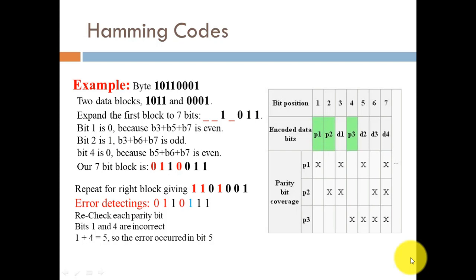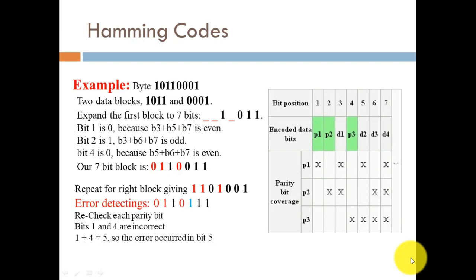So we have to convert our 4 data bit sequence into a 7-bit data sequence, where 4 bits are message bits and 3 bits are parity bits. We put the parity bits at the first, second and fourth places, whereas the third, fifth, sixth and seventh places hold the data bits.